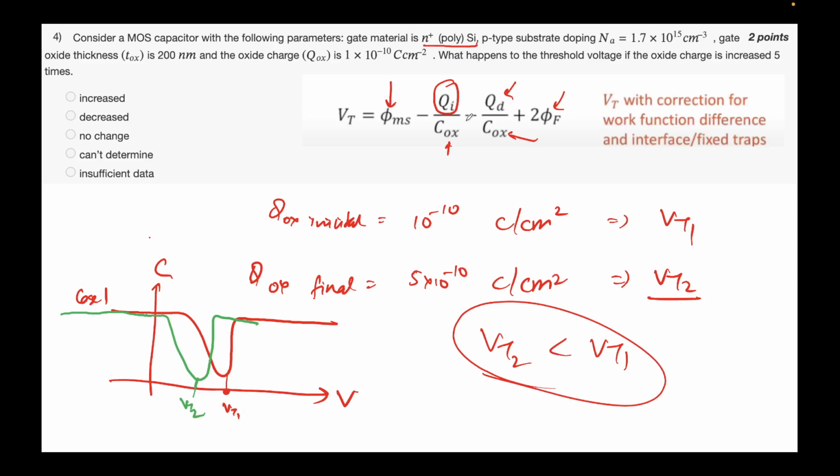So you already started a depletion, right? So you need to do much less work, and hence the threshold voltage shift is towards the negative side. Threshold voltage is essentially when you are achieving inversion. So your positive charge in the oxide has already depleted your semiconductor a bit. Hence you have to apply a much lesser voltage on the gate to invert it. That's the thing that we are doing here.